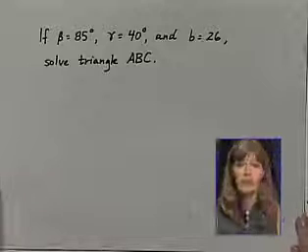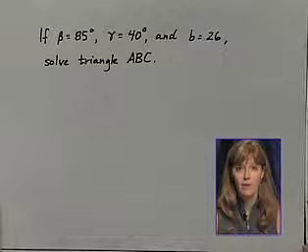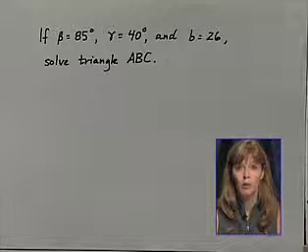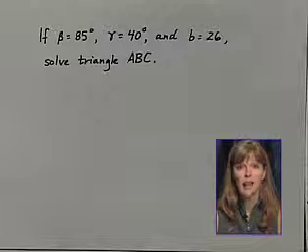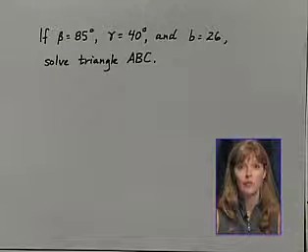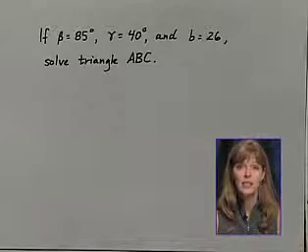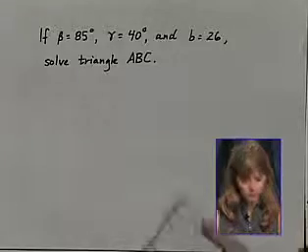If we're given that beta is equal to 85 degrees, gamma is equal to 40 degrees, and B is equal to 26, we want to solve the triangle with vertices A, B, and C. So solve triangle ABC. We're going to begin by doing a quick sketch of this triangle.